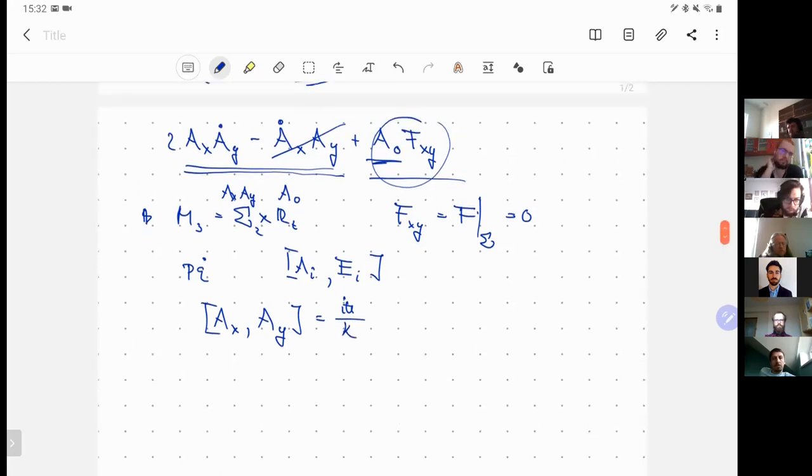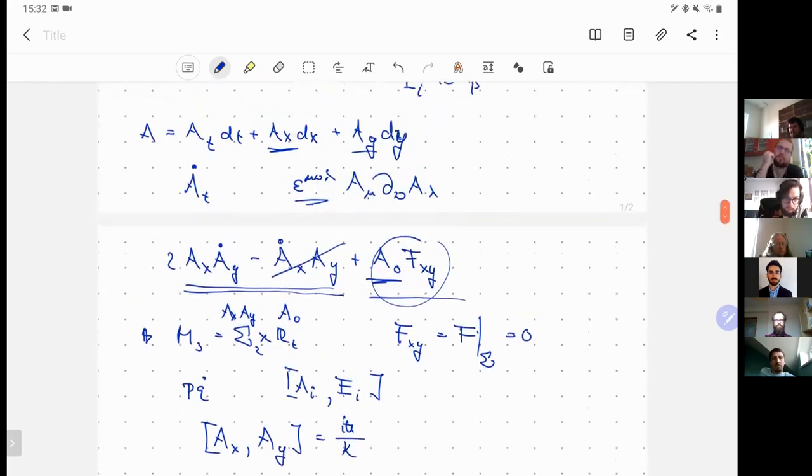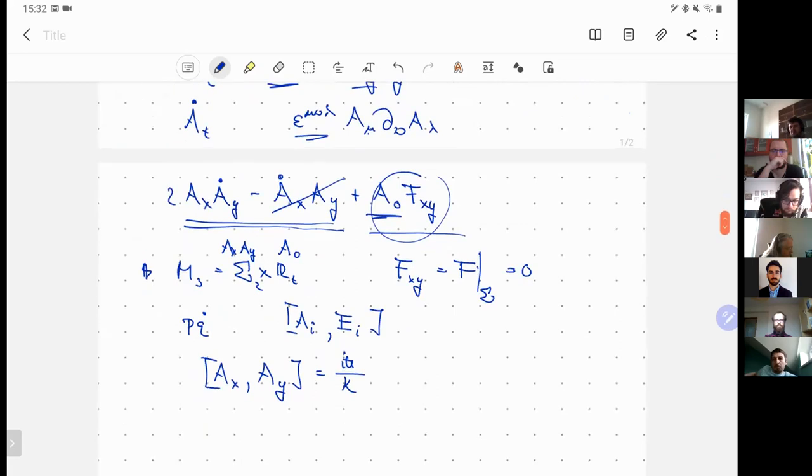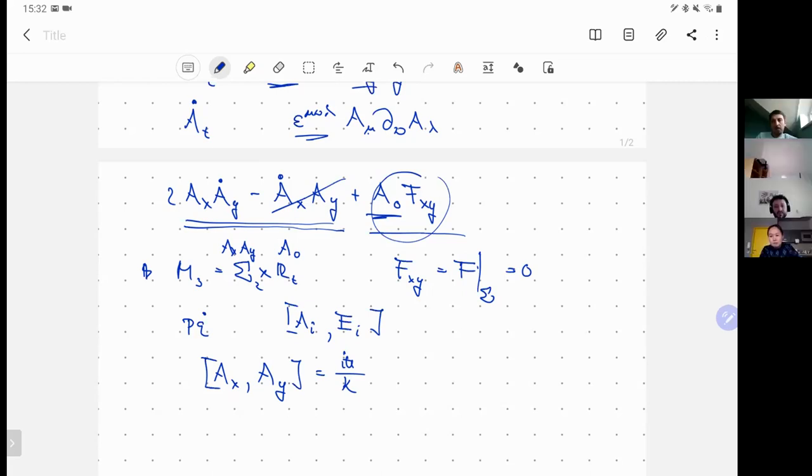It's quite important that there is this constant in front, kappa, that's called the level, and it also enters the quantization of the fields, and it has a crucial impact on the quantum theory based on the concrete value of kappa.